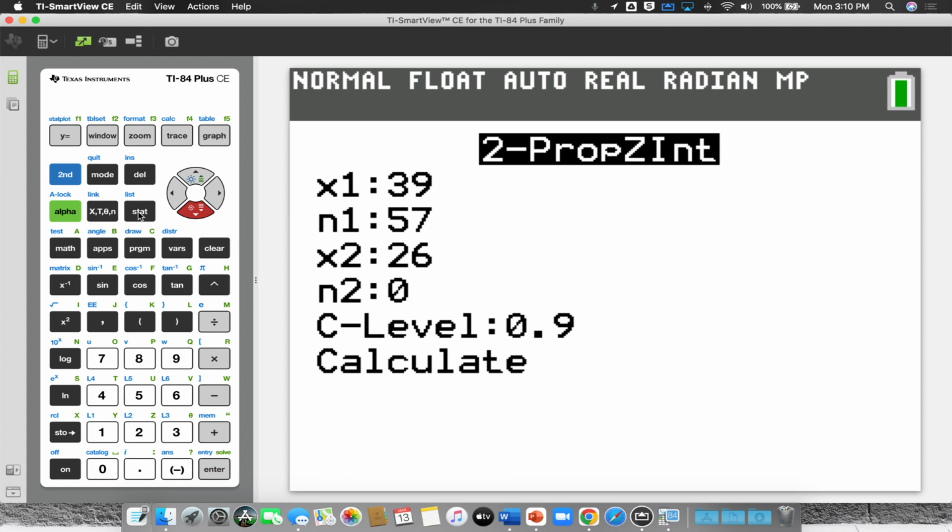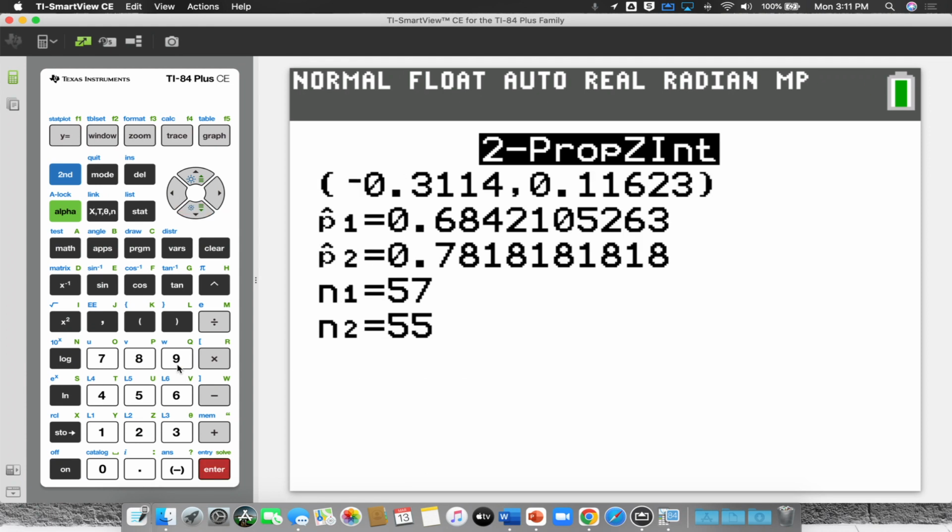P hat 2 was 43 out of 55. Confidence level was 0.99, very high confidence. That's all we need to give. There's no picture with this one, because only hypothesis tests get pictures, so we don't need to draw a picture. We're going to hit calculate.